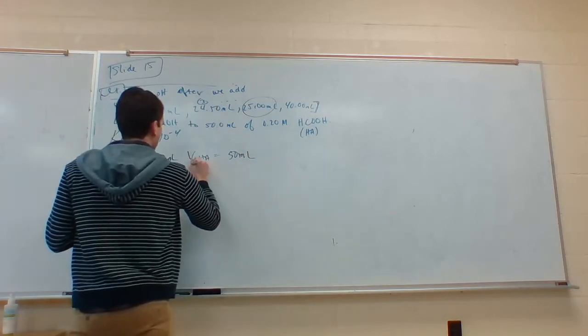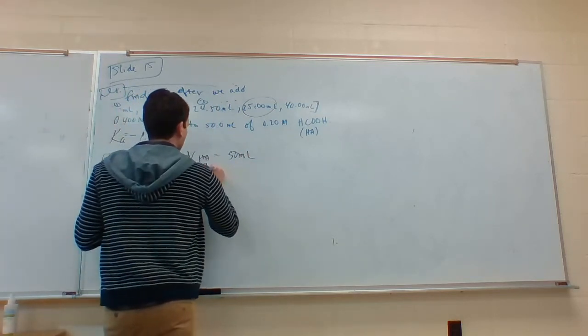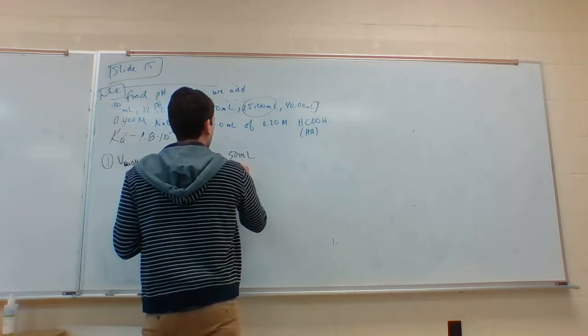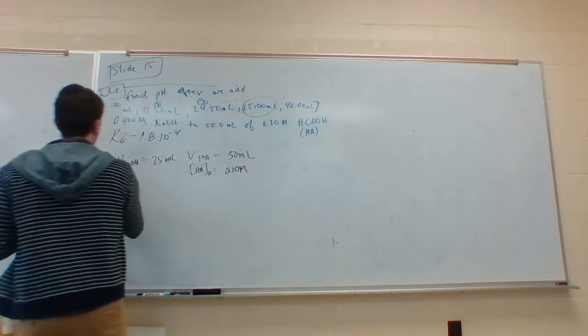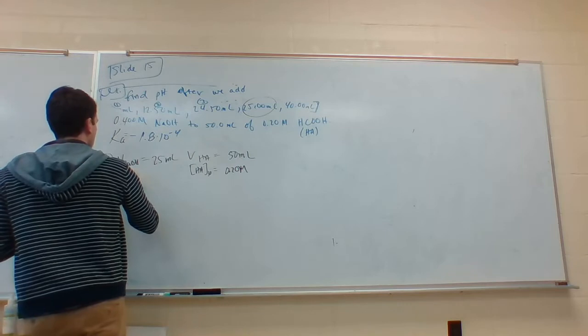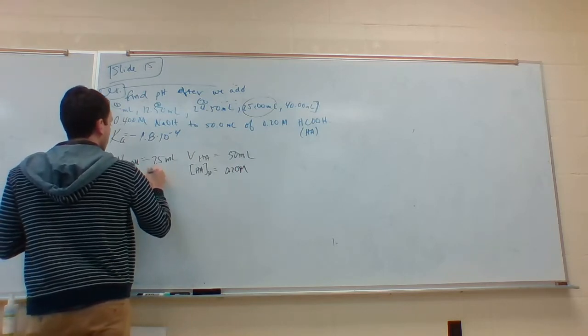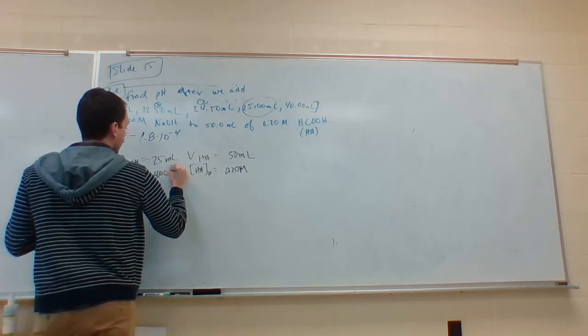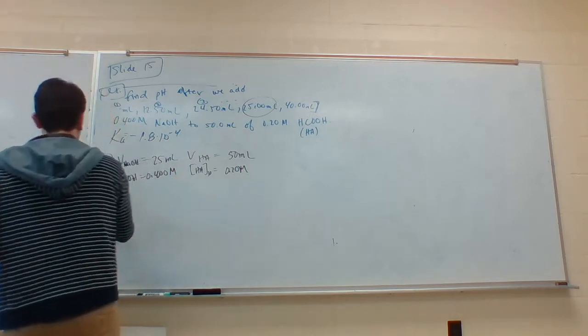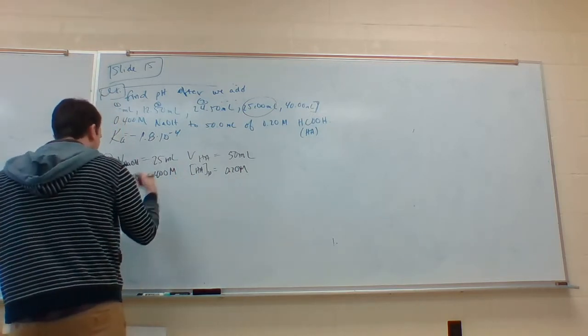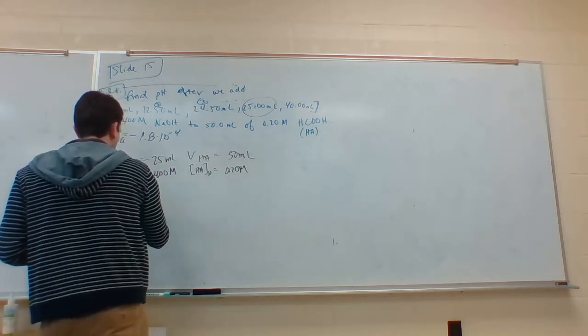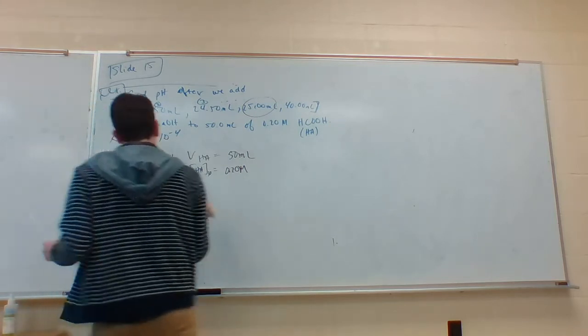We have a concentration of HA at the beginning equal to 0.20 molar. We have a concentration of sodium hydroxide equal to 0.400 molar.